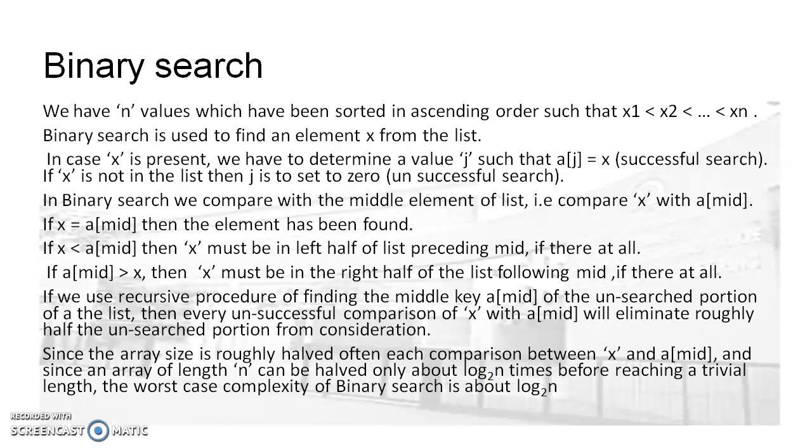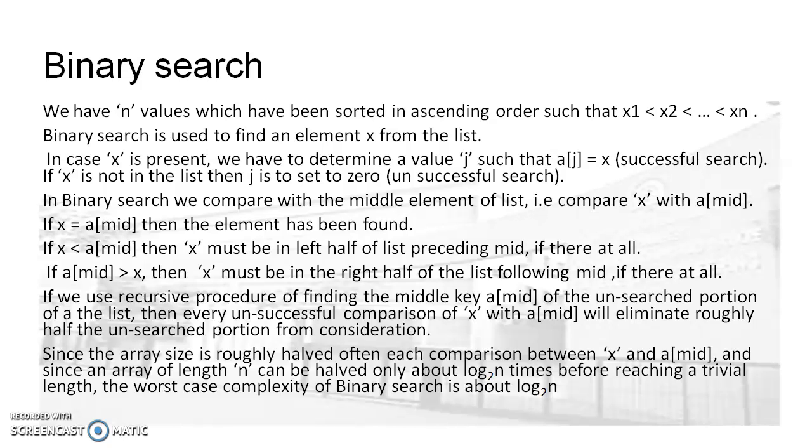There are two possible cases. If x is present in the list, then we have to find the position at which x is present. The second case is that x is not present in the list, so we return 0 as an unsuccessful search. Now we are going to apply the divide and conquer strategy to this binary search algorithm.